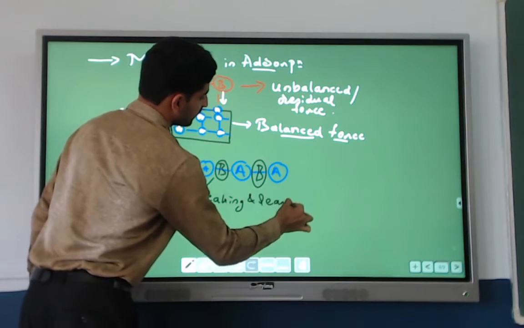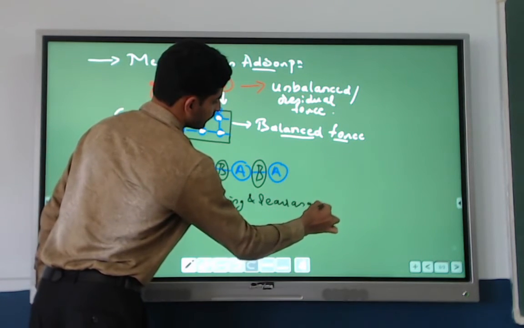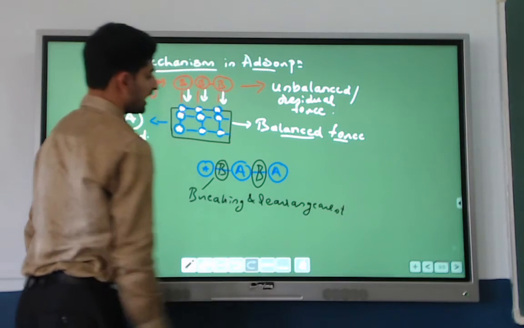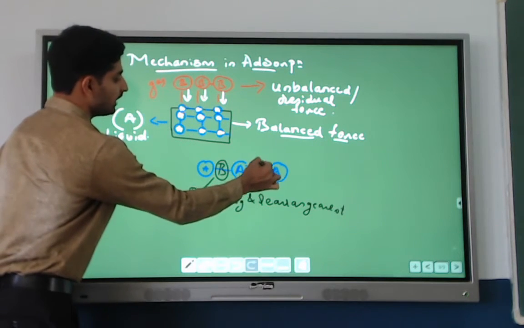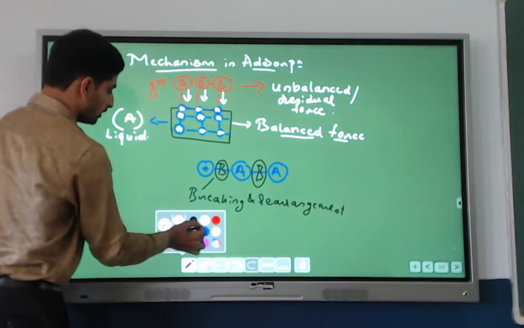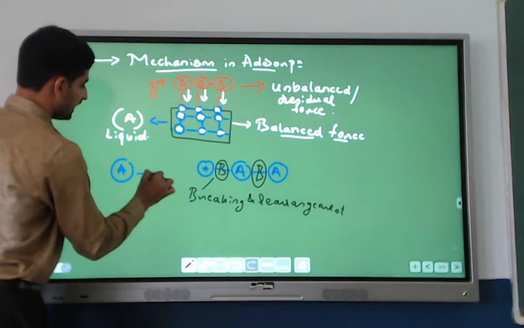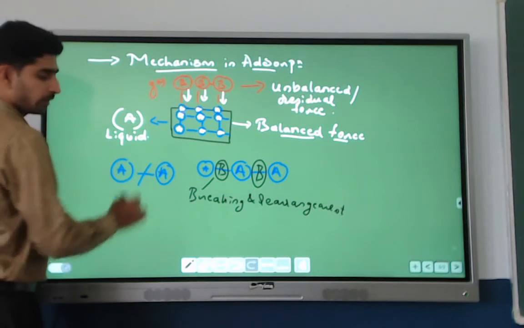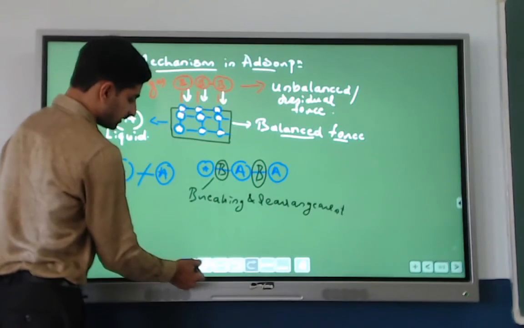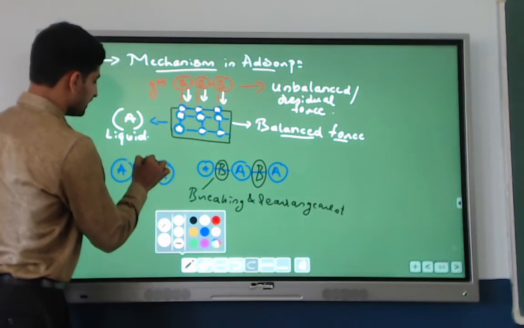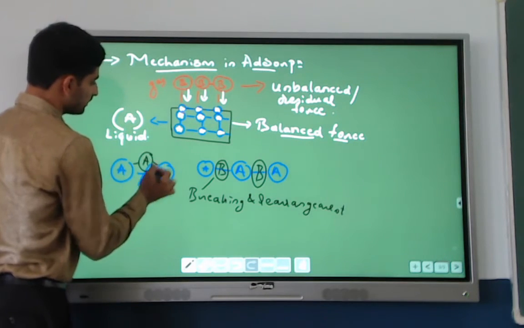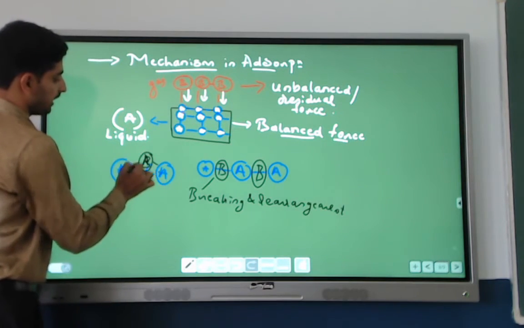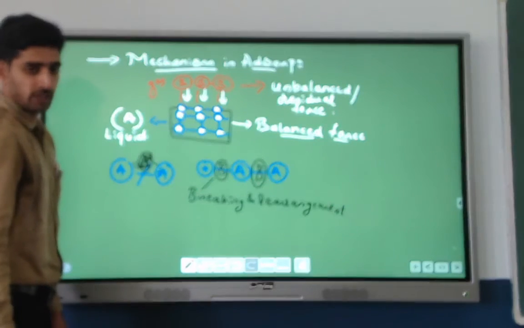First, what has to take place? The bond between A and A molecules needs to break. Free radicals will be generated, and at that place rearrangement will be possible with the molecule of B.